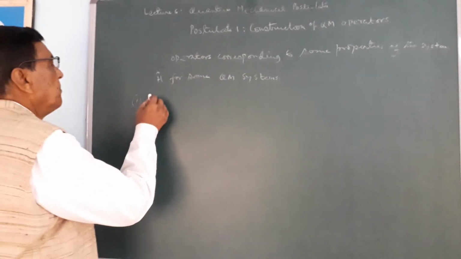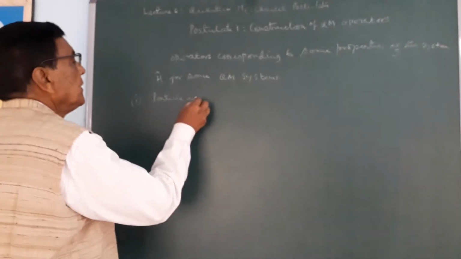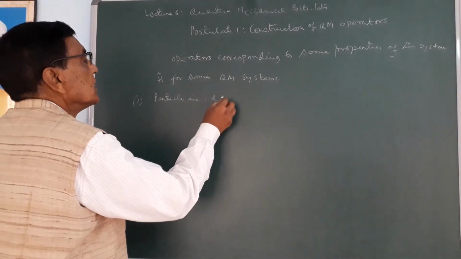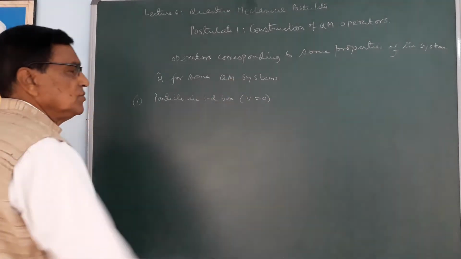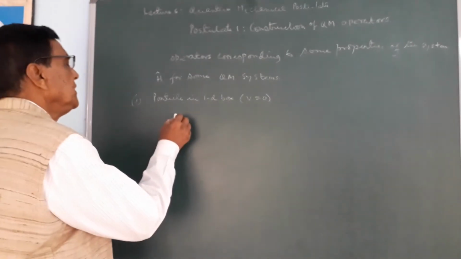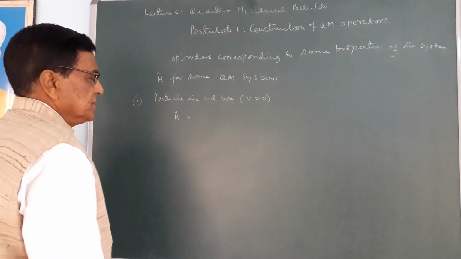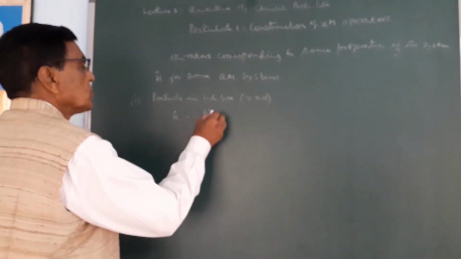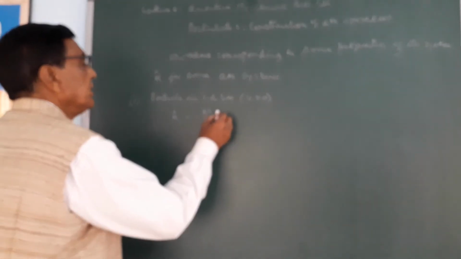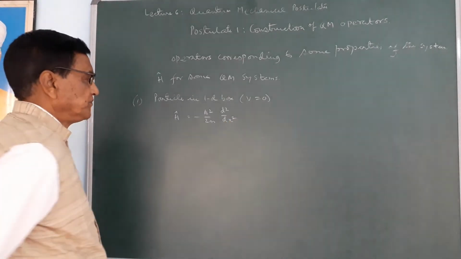First, I shall construct it for a particle in a 1D box. Here the potential energy is equal to 0. So the Hamiltonian operator is only due to the kinetic energy, and this becomes minus h cross square divided by twice m into d2 by dx square only.